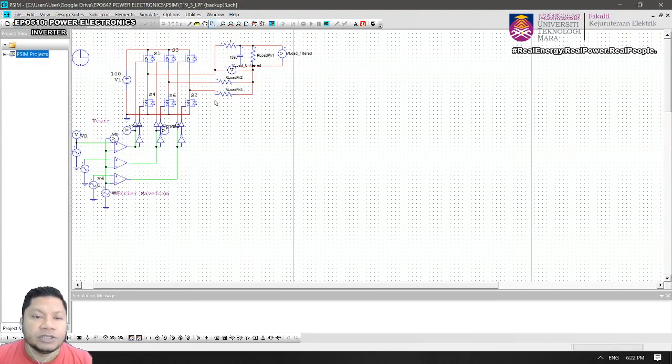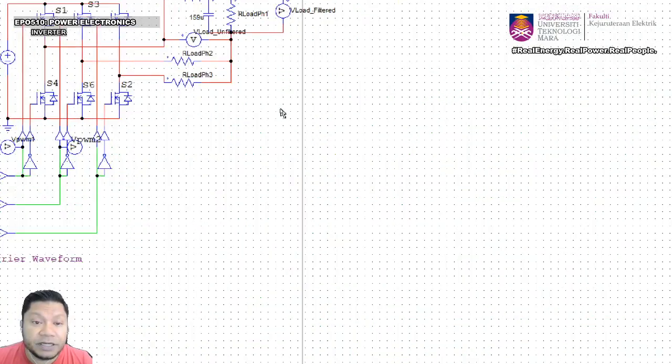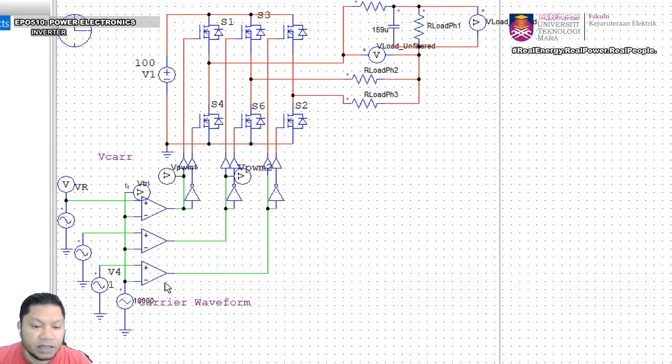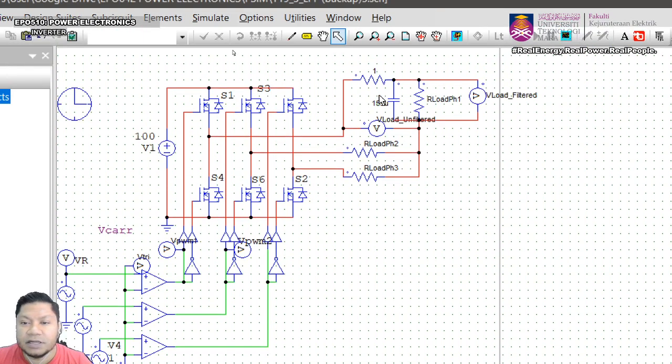Okay, so here, same as we did just now. This is a low pass filter, again with the same carrier frequency of 10 kilohertz, and then the same L and C values. Just put it on the first, the red phase voltage.